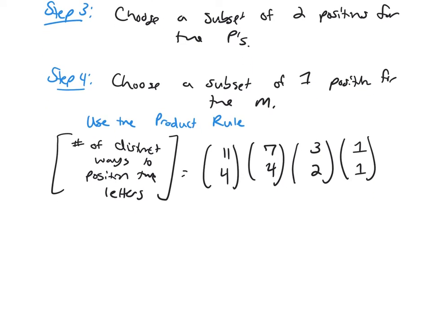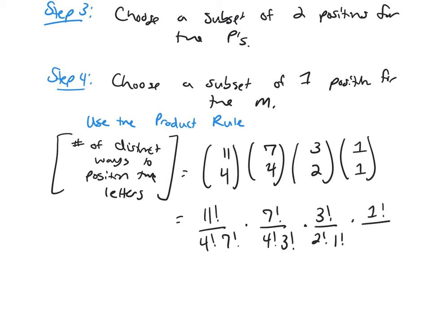And now we're going to simplify this. 11 factorial over 4 factorial times 7 factorial, times 7 factorial over 4 factorial times 3 factorial, times 3 factorial over 2 factorial times 1 factorial, times 1 factorial over 1 factorial times 0 factorial. And now we get this nice cancellation happening. 7 factorials cancel, the 3 factorials cancel, the 1 factorials cancel.